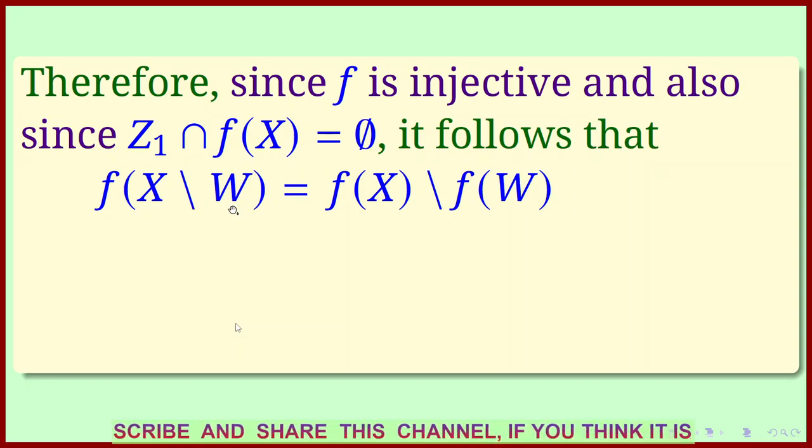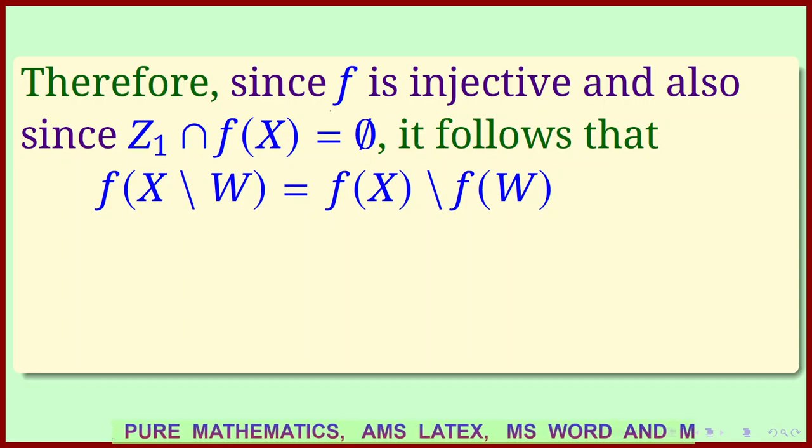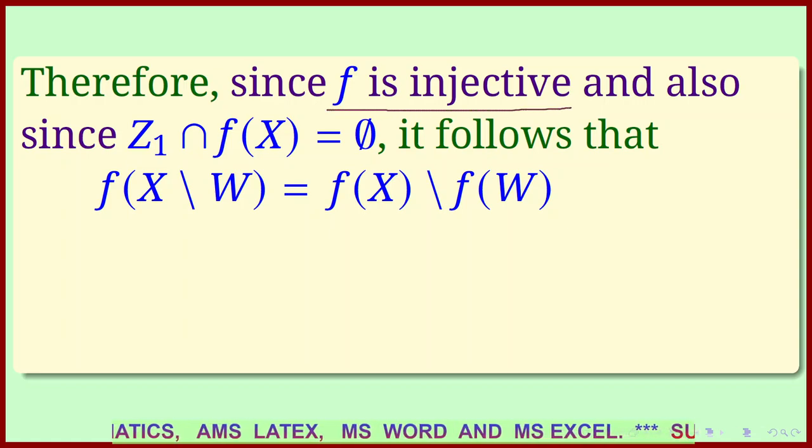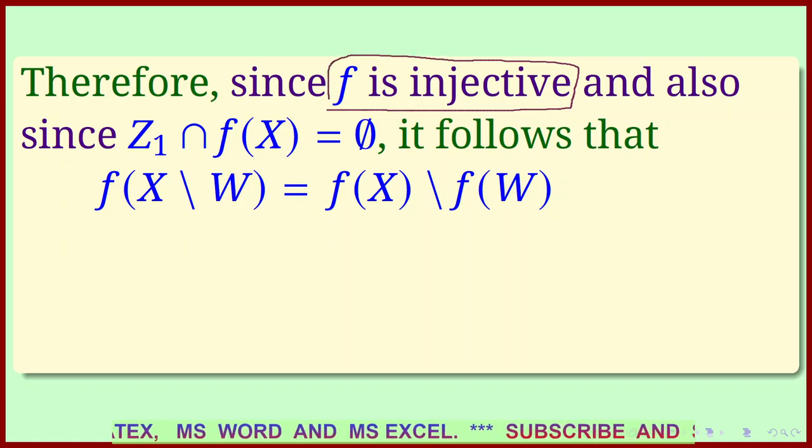Okay, W is the image of z under the function g. It is a subset of x. Look at the complement of W in x and apply f. So what is this image? This image is actually equal to fx minus f of W. Why? In general, this equality doesn't hold. But then here we have f is one-one. f is injective. So here it is given that f is injective, right? Therefore, this equality holds.